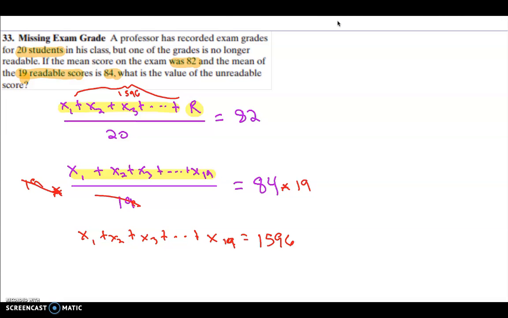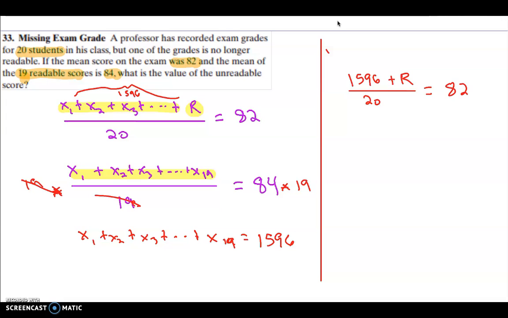So now I can replace this piece right here with 1,596. Then I would have 1,596, the sum of those first 19 scores, plus the unreadable score, divided by 20, equals the average of 82. Now it's just some basic algebra to solve for the unreadable score.